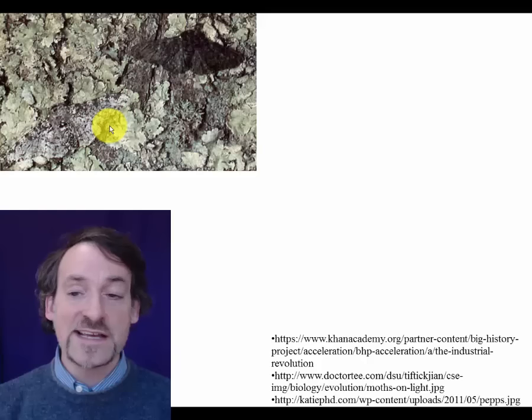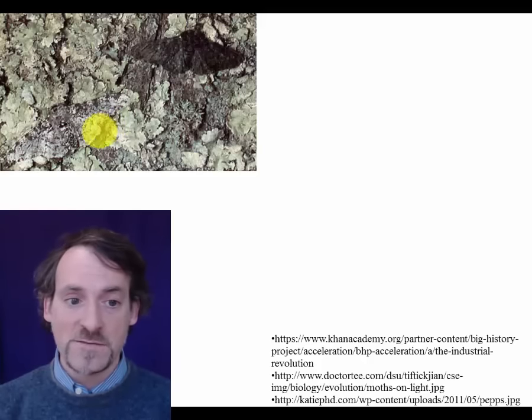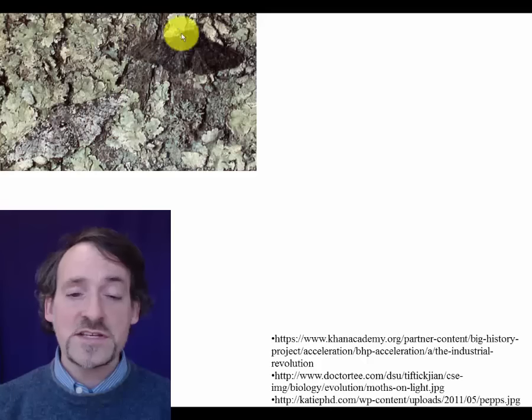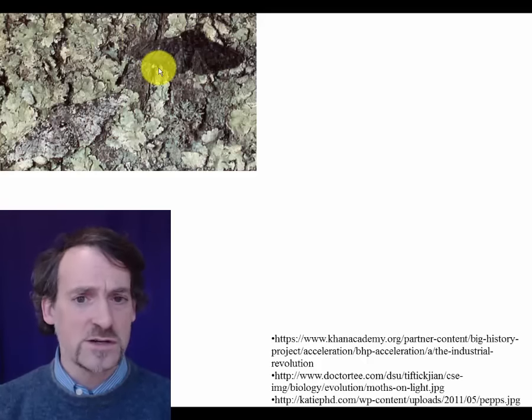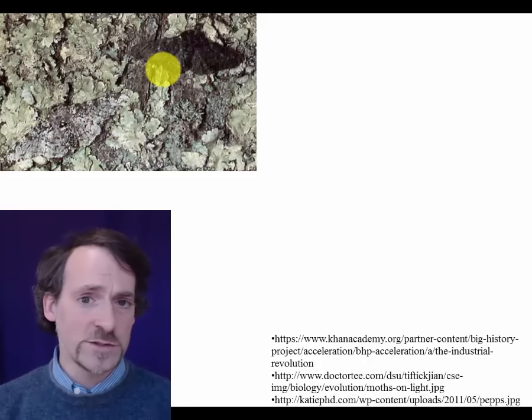This is the little a phenotype, the recessive phenotype of the peppered moth. You can see that the peppered color pattern blends in wonderfully with this kind of tree trunk. The melanic phenotype, not so much. This organism is very vulnerable to predators, particularly birds, which can see quite well. This was what was going on before the Industrial Revolution.